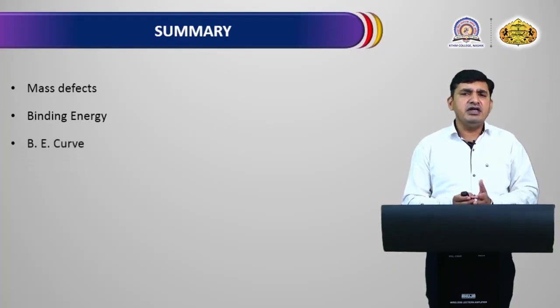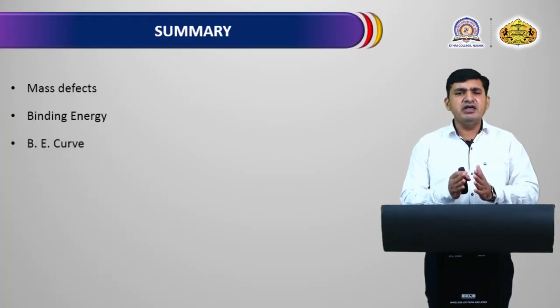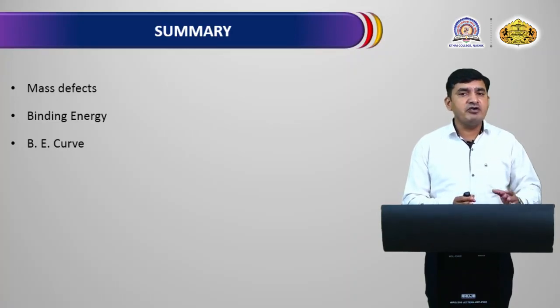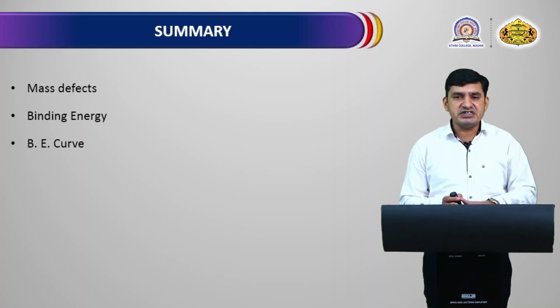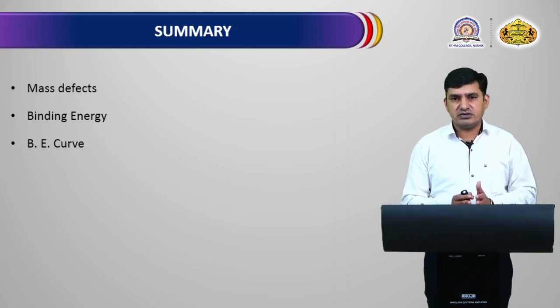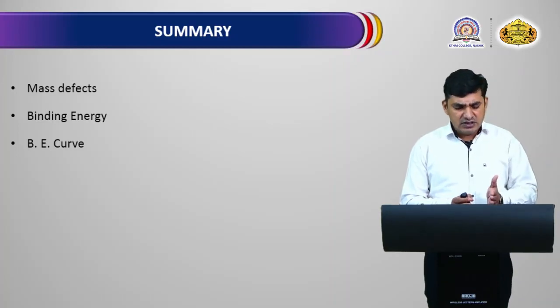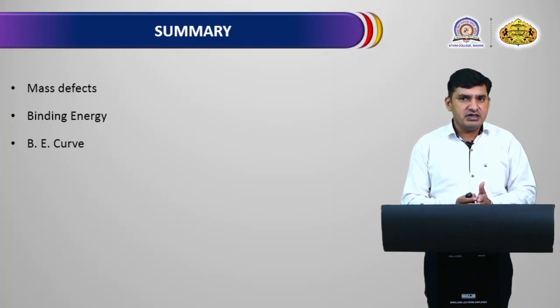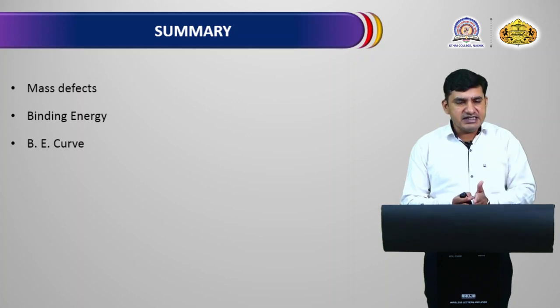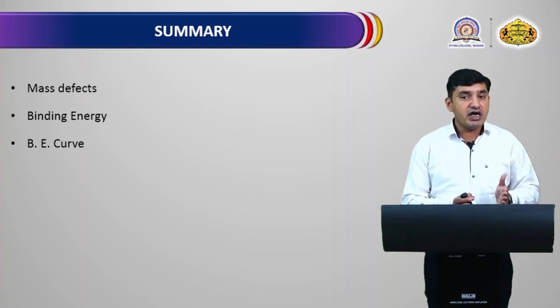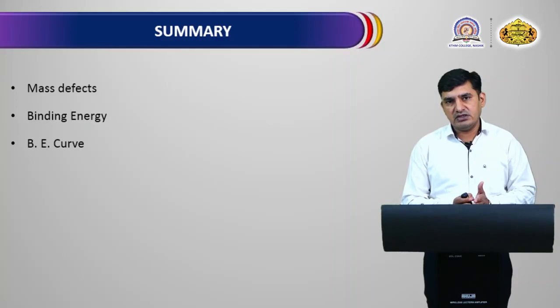Now, the binding energy curve is a graph of binding energy per nucleon versus mass number. If we consider the features of this curve, elements which have mass number less than 40 have unstable nuclei.